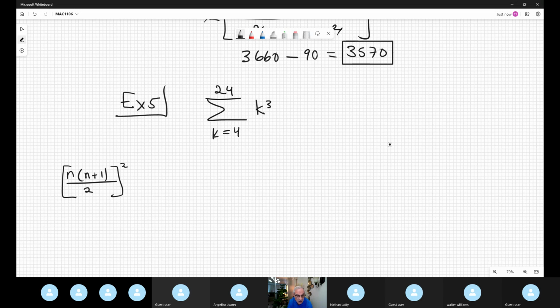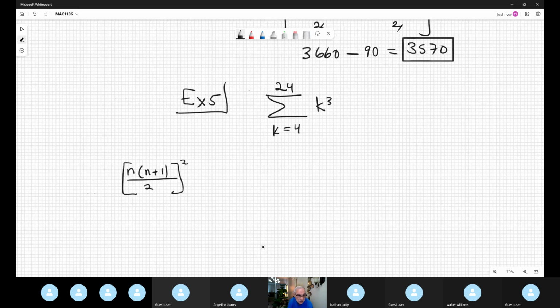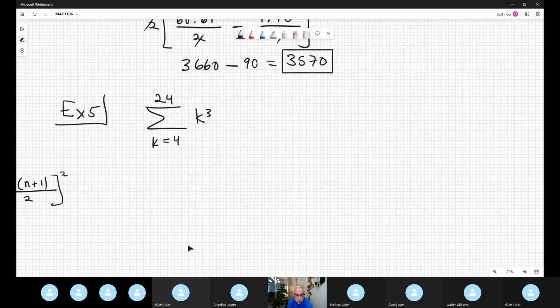The problem is I apply that formula if my summation of k cubed starts from 1 to m. But no, it starts at 4. So I need to split this summation into 2 summations.